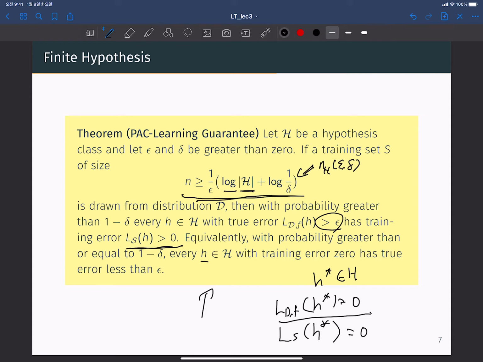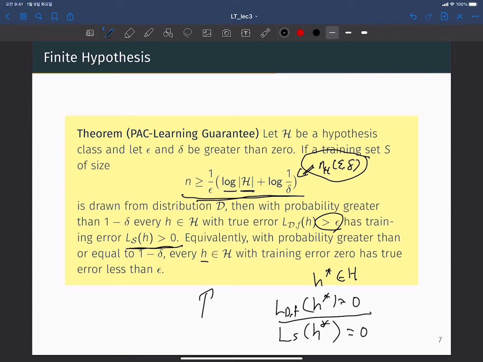So using this theorem, we can find the sample complexity. One nice thing about this theorem is that it only requires the cardinality of the hypothesis class; we don't use anything on the hypothesis class property.